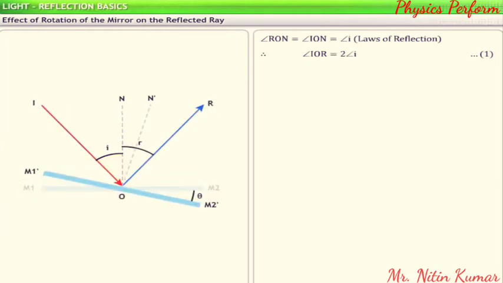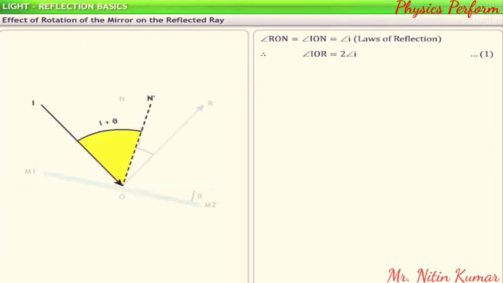Let the mirror be rotated through an angle theta about point O, so that M1'M2' is the new position of the mirror, and ON' is the new position of the normal. The position of the incident ray remains the same, but the new angle of incidence is angle ION'.